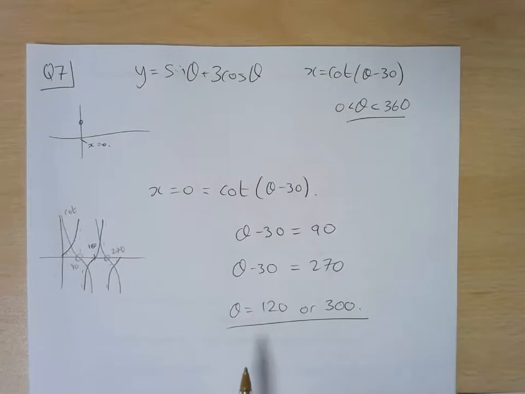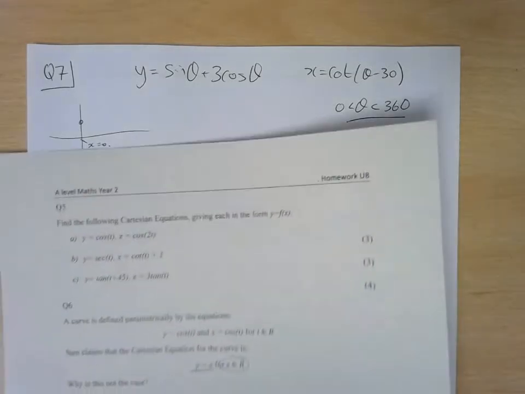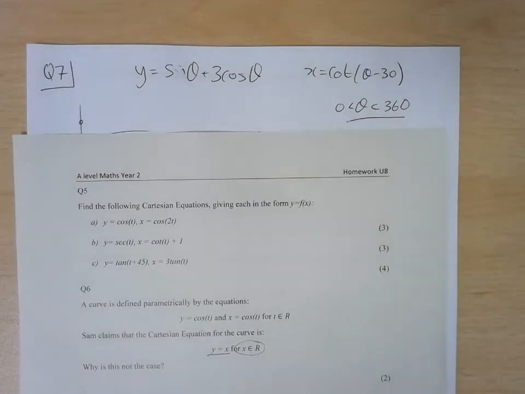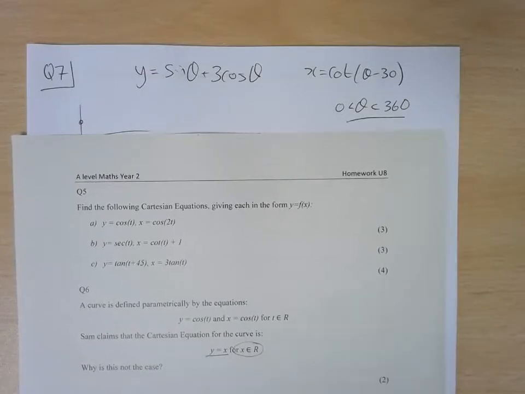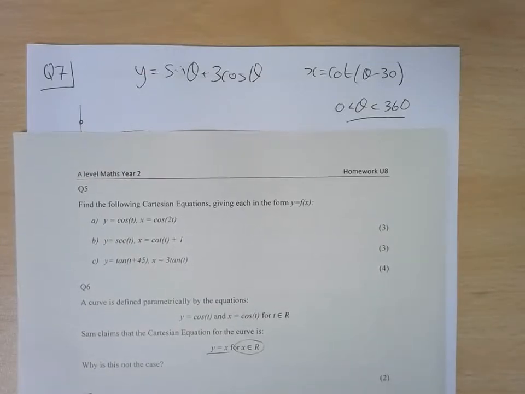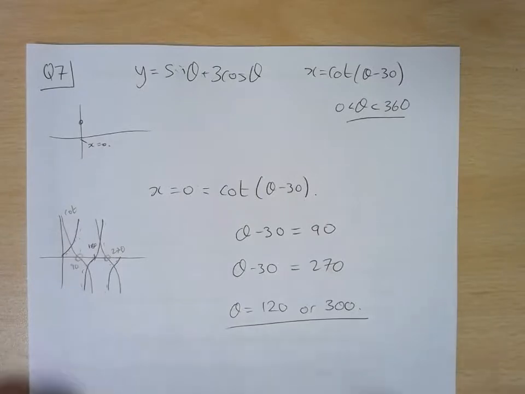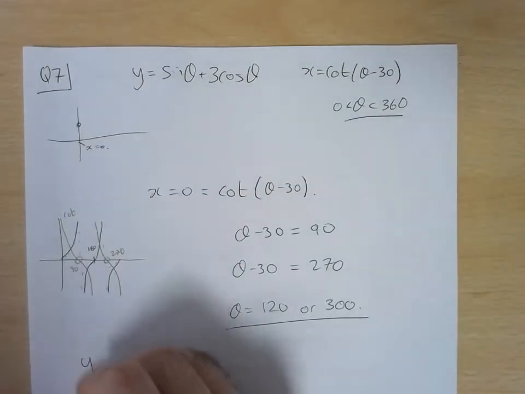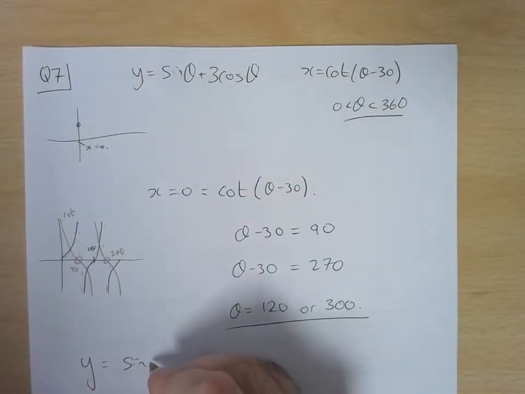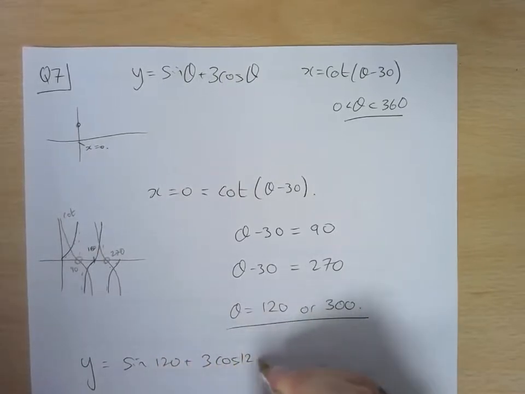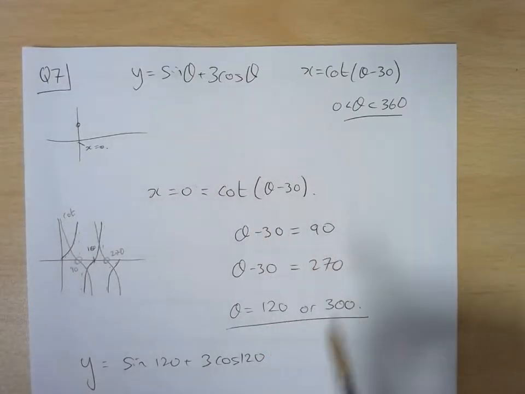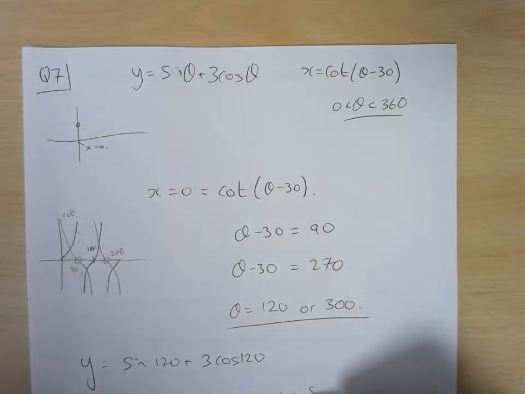But if we go back to this, we're after the exact coordinates. So we need to know the y values, not just the theta values. So putting these back into here, we've got y equals sine 120 plus 3 cos 120, and y equals sine 300 plus 3 cos 300.